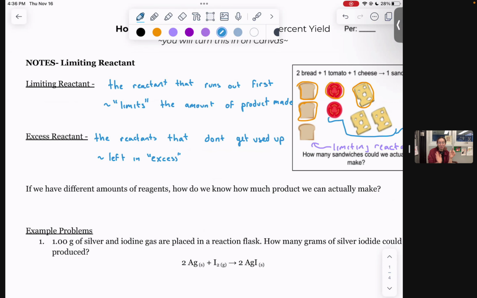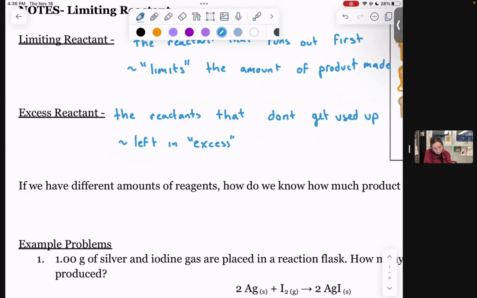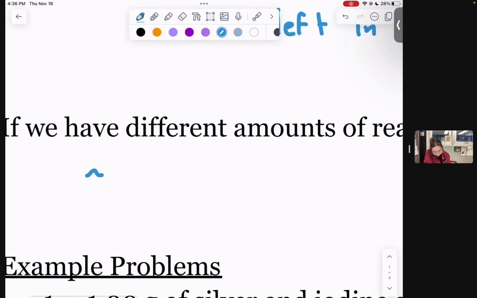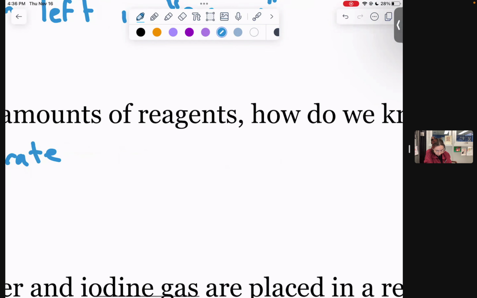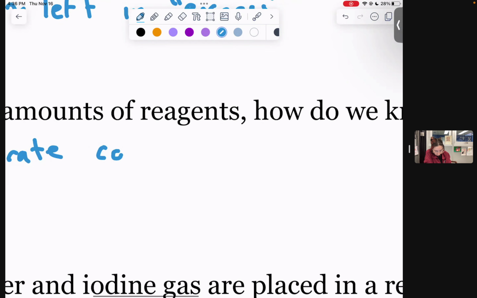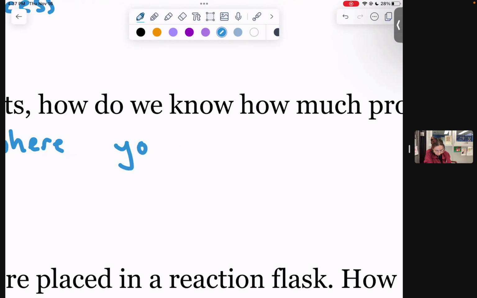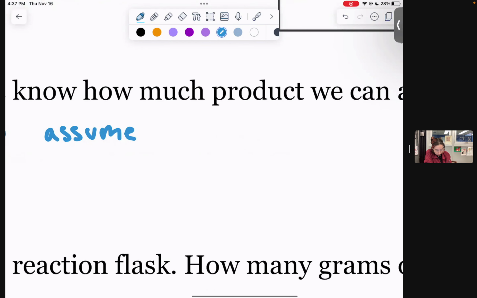I'll show you what I mean, but the way I like to do it is to do 2 separate calculations where you assume different reactants are limiting.